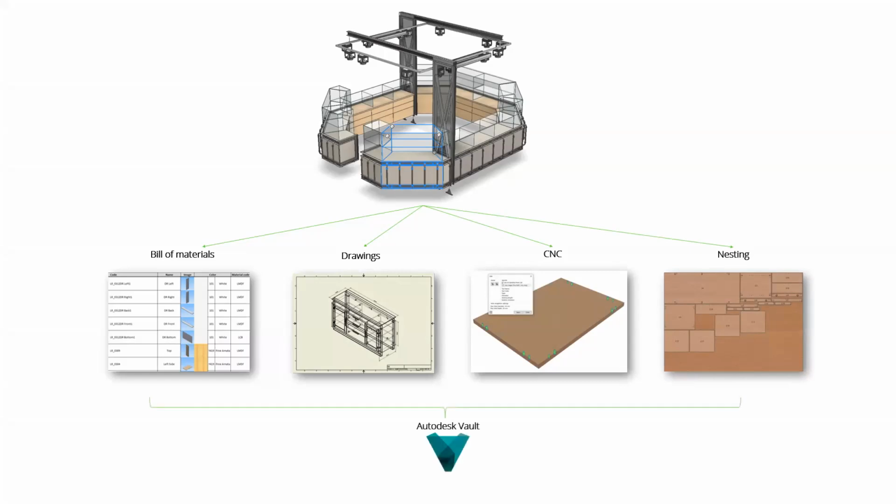And all this data can be sent to the PDM. Of course, we have in mind the Autodesk Vault PDM system. All the data you need for the production will be referenced with the model and placed in a single place available for all the participants in the design workflow.